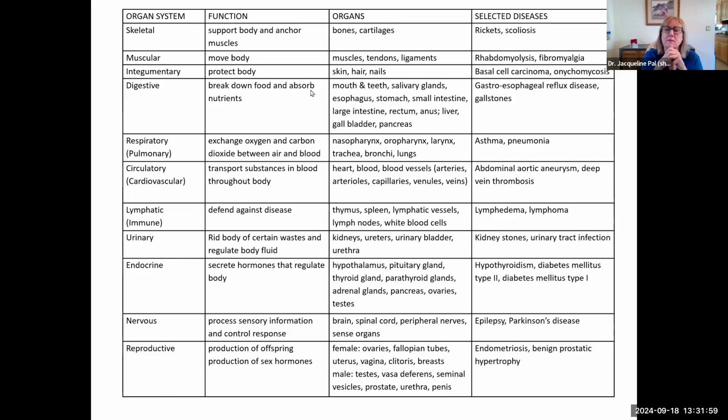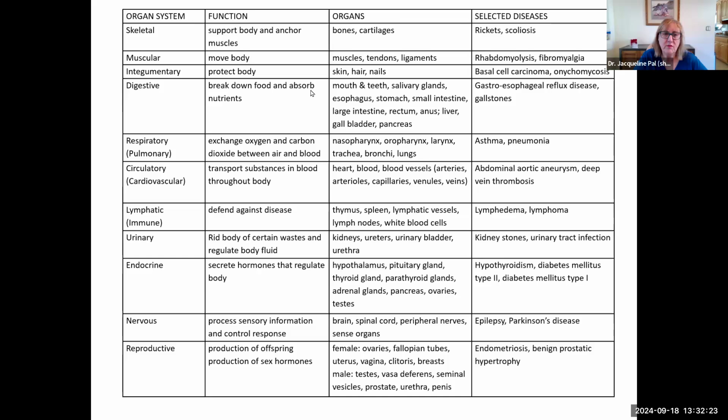Your urinary system helps your body get rid of certain waste and helps regulate your body fluid, as well as helps regulate your blood pressure. Super important. It involves your kidneys, urinary bladder, and urethra. Only 4 organs in this system. So some diseases would be kidney stones and urinary tract infections, very common in women.